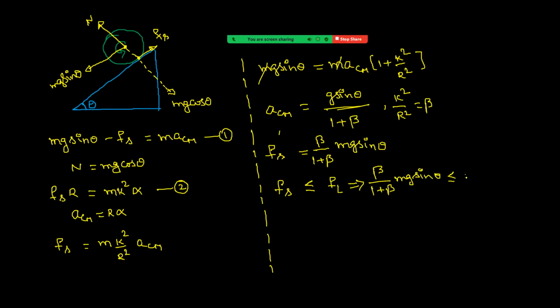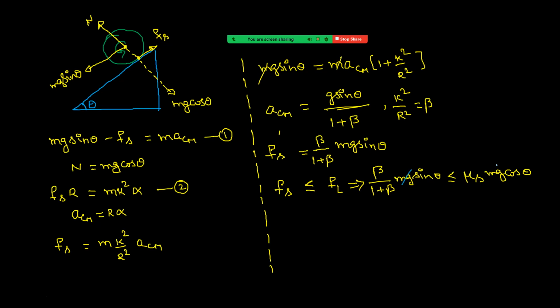It is mu s into normal reaction. Normal reaction, how much? mg cos theta. Okay. So now here, see the calculation part.